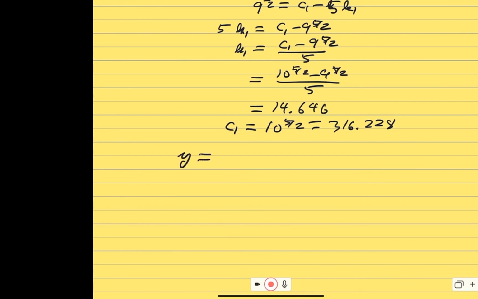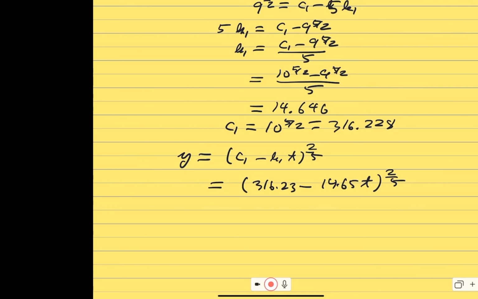So giving our final formula for y to be C1 minus K1 t to the 2/5, equals 316.23 minus 14.65 times t, I'm sorry, I've got the power wrong there, to the 2/5.